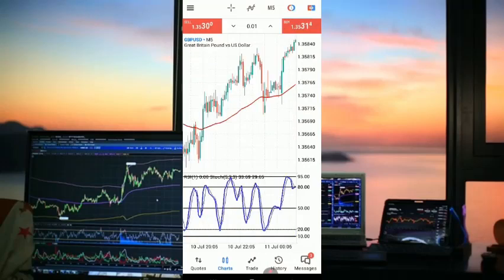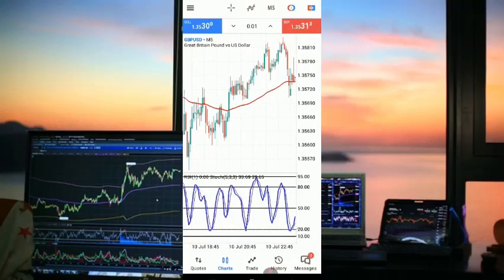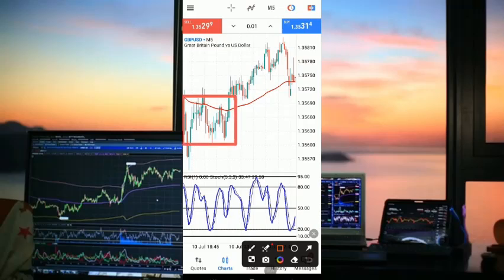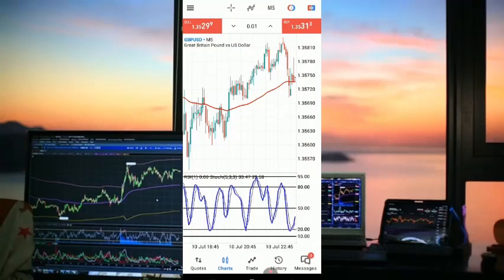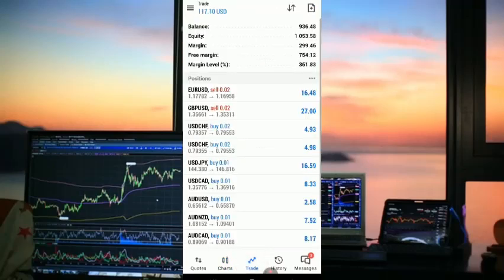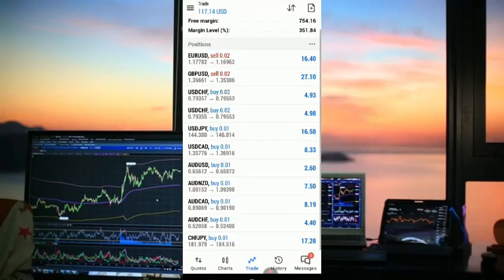Let me zoom it in for you. We had a major breakout after all those zigzags, and our breakout point was just over here, where price goes out and continues to be bullish. Basically, that is how you master these two, and you're able to make such tremendous profits.